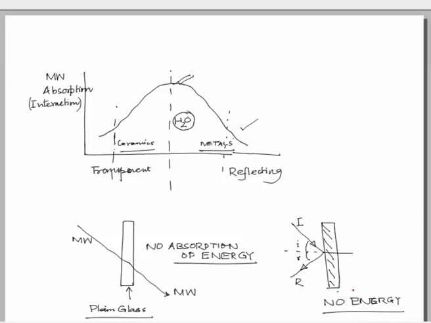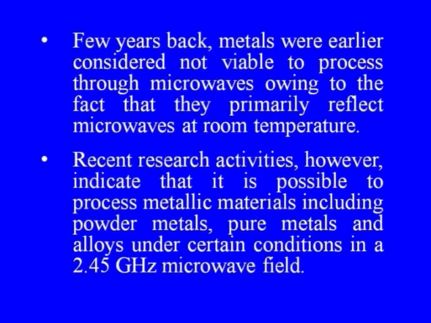But metals for that matter were not researched or investigated to see whether they can also be processed by some other means with the aid of microwave energy or electromagnetic energy. Recent research activities indicate that it is possible to process metallic materials including metal powders, pure metals and alloys under certain conditions in a 2.45 gigahertz microwave field.